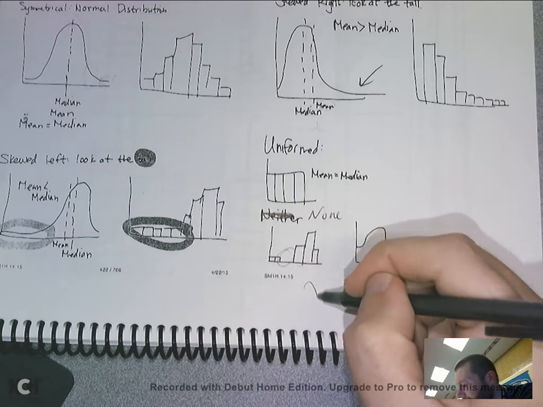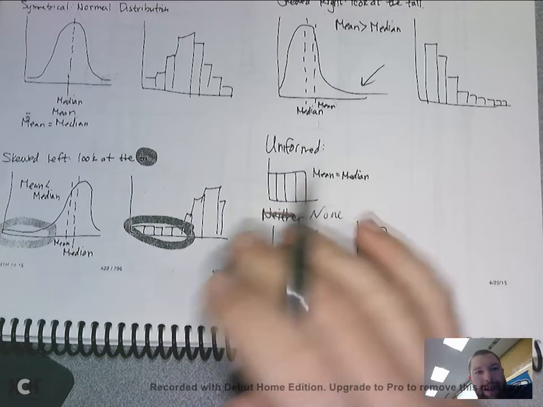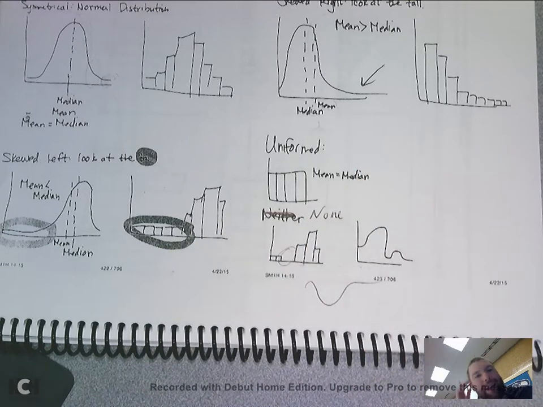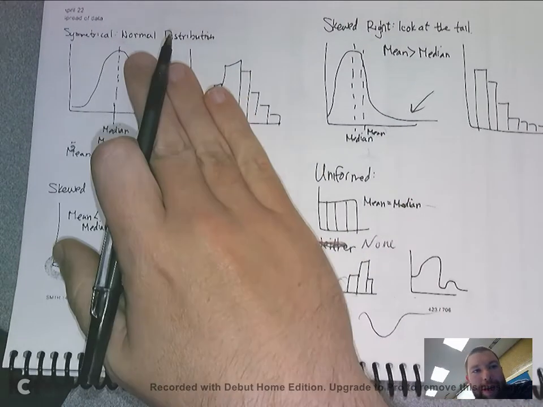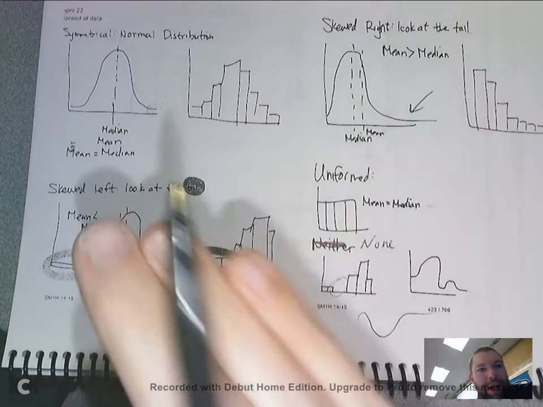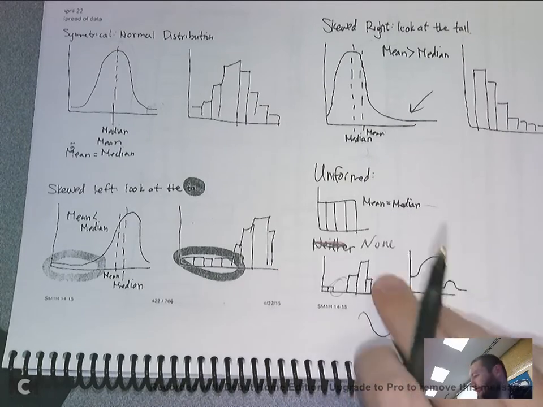Or if it had gone down and then gone up, that's like an inverse bell curve, right? That's not actually a data set either. So that would be your different types.